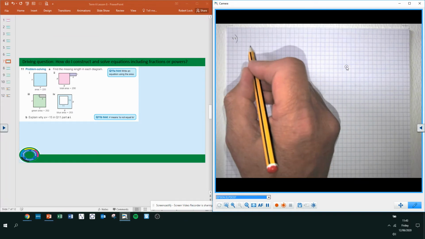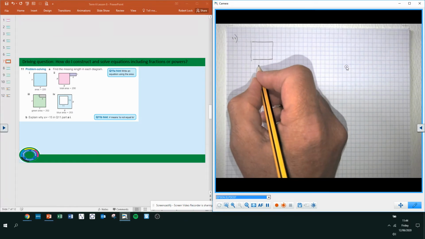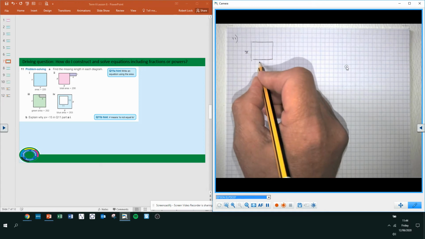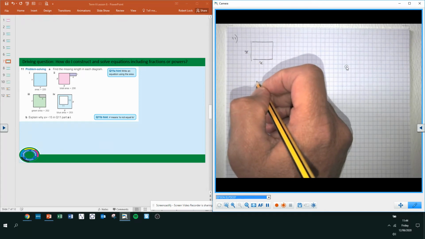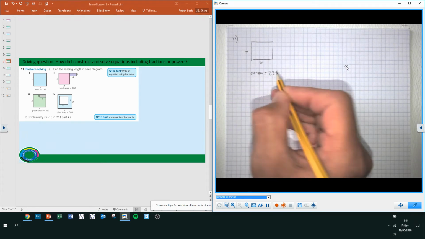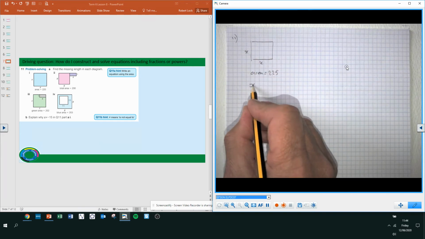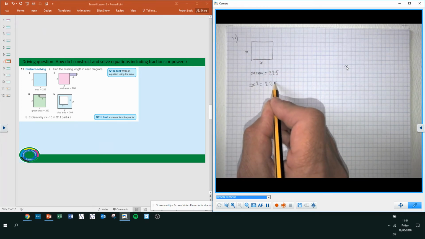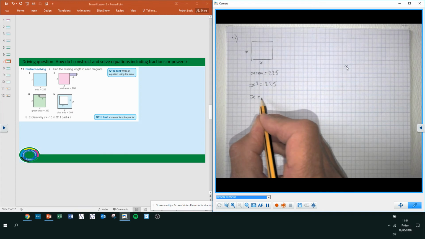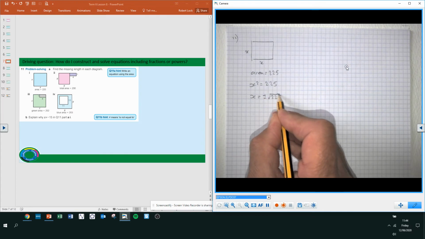I have a square. It's x by x, and the area is 225. So this is x squared. x squared equals 225. So x equals plus or minus the square root of 225.